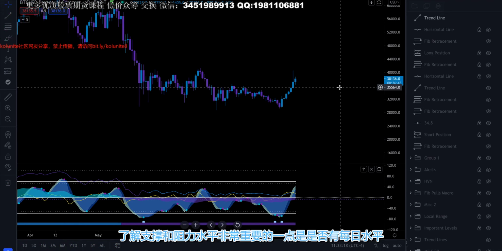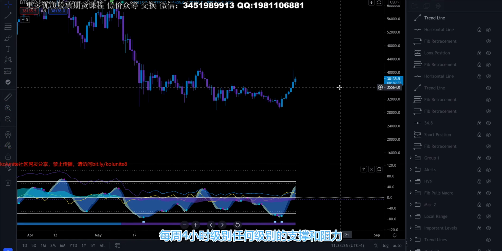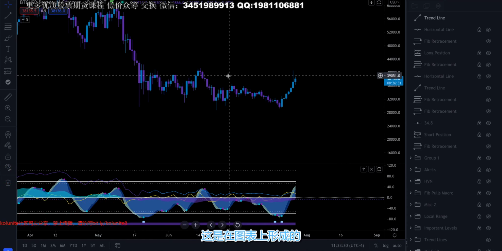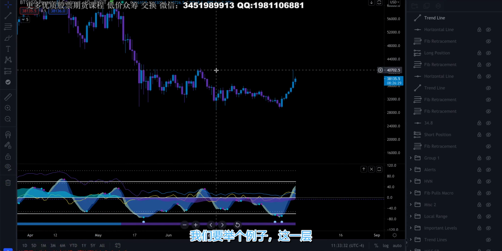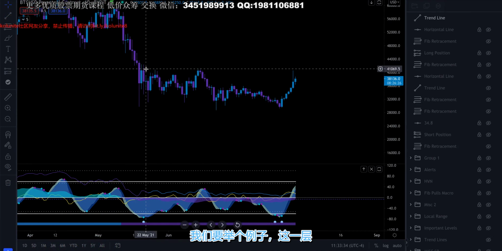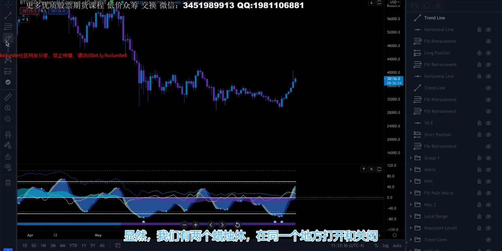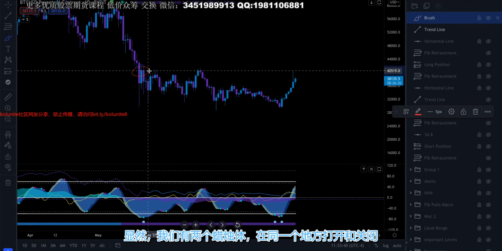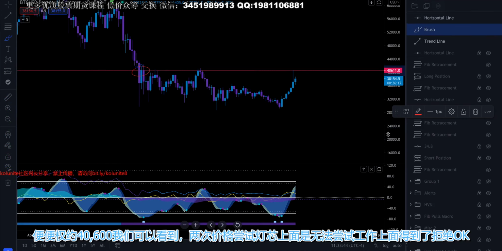Something that's very important to understand about levels of support and resistance is if there is a daily level, a weekly level, a 4-hour level, any level of support and resistance that is formed on the chart. Let's take, for instance, this level right here. We see clearly we have two candle bodies that open and close in the same exact place, right about 40,600.